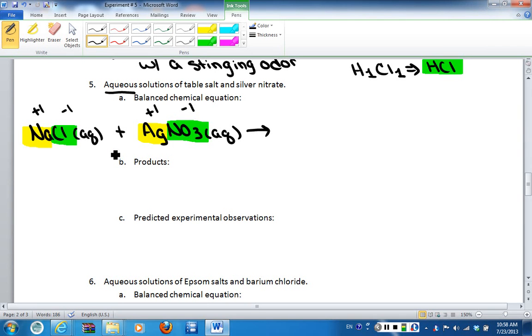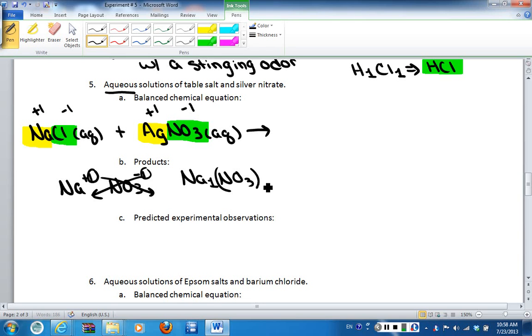So if we crisscross, we have sodium +1, and we are comparing it to nitrate, which has a -1. So we cross our numbers to get our new subscripts, and this becomes Na1 and NO3 1.